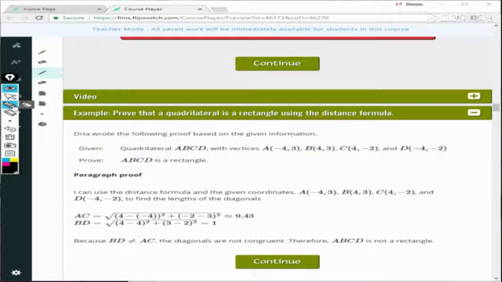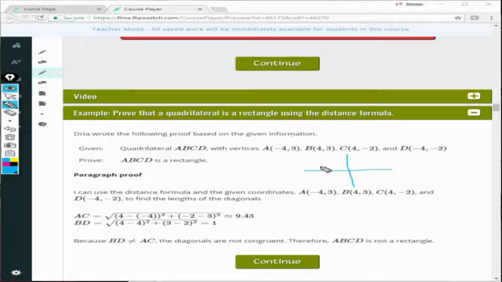Okay, before we move on, the first thing I always like to do when I am looking at a proof is to work through it myself and see if I agree with them. So I'm going to set this up as how I would do it. I'm looking at a quadrilateral ABCD. I'm going to draw a rough sketch of the vertices.